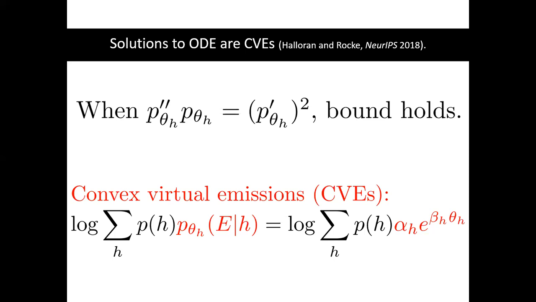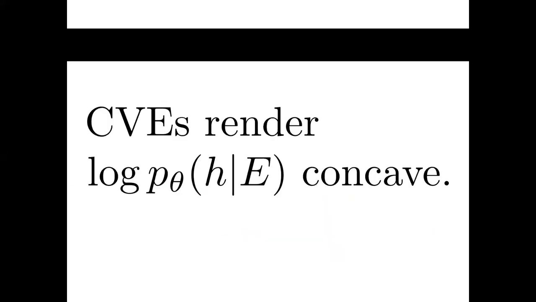But luckily, you can show that under CVEs, the log posterior score, which we have here, is concave, which is perfect. That means that if we use CVEs within DIDEA, then conditional maximum likelihood learning is actually concave, and this opens the door for extremely efficient parameter estimation.